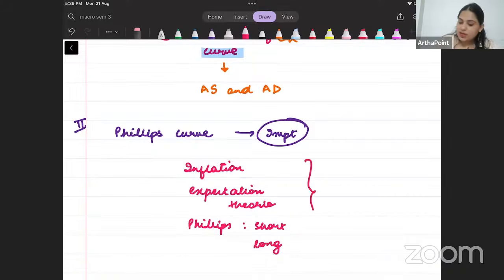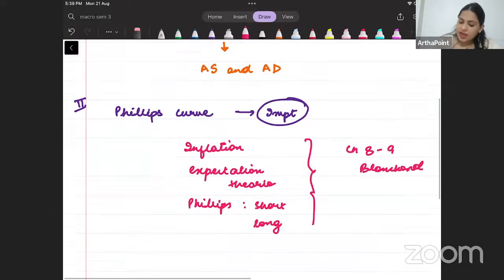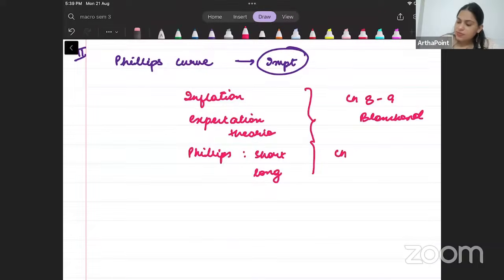But this will be covered through chapter 6 and, sorry, not 6, chapter 8 and 9 of Blanchard. तो Blanchard एक बहुत important book है जो हमें throughout follow करनी होगी, ठीक है? And then I will also be doing some pages of chapter 14 of Blanchard.